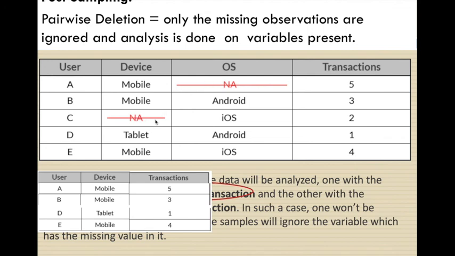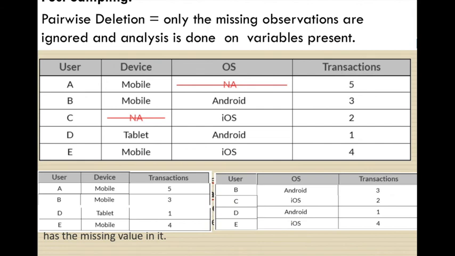And another set comes from user, OS, operating system, and transaction. Okay. So I hope you can follow. So just by ignoring these two, you will end up with a pair of data. That is why this is called pairwise deletion. Right?